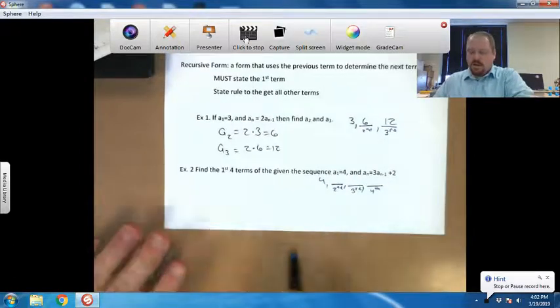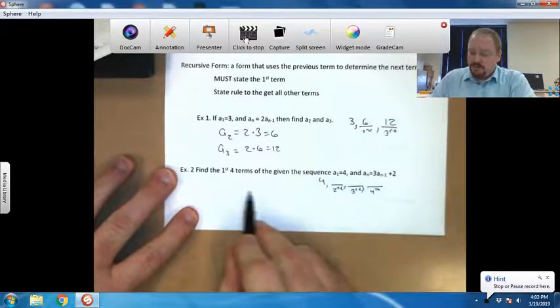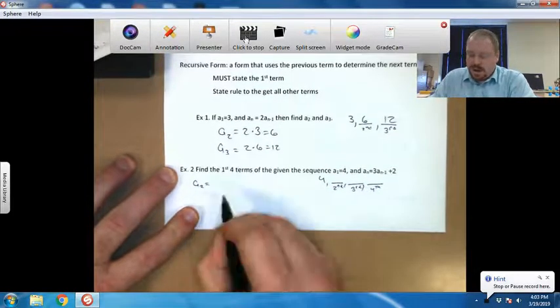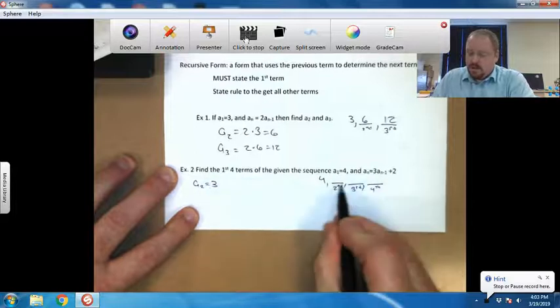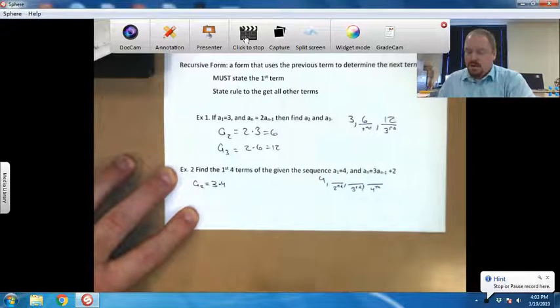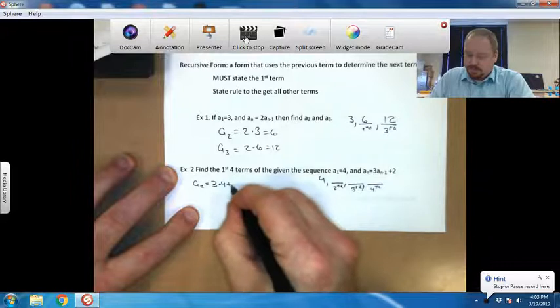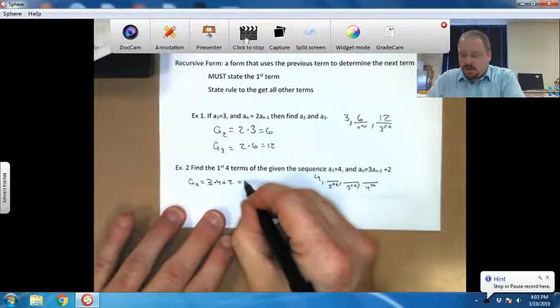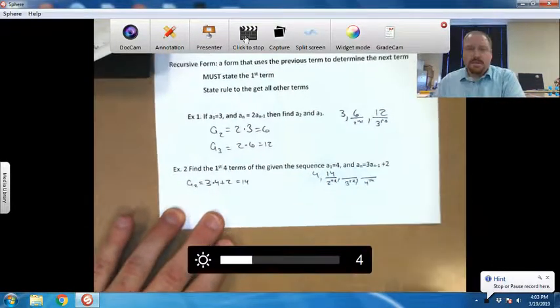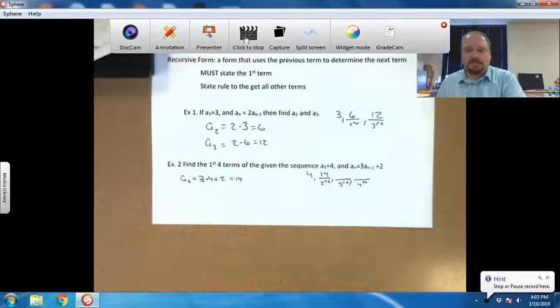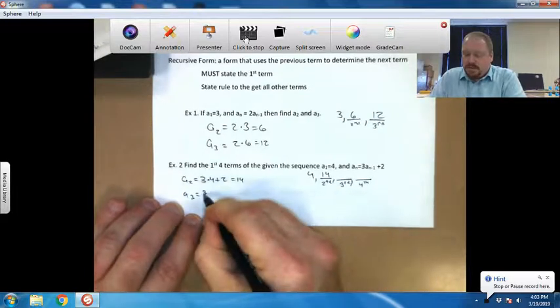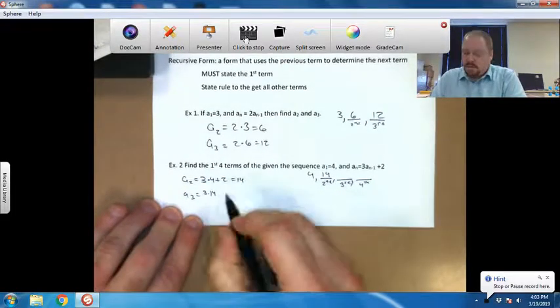Okay, so the first number is 4. To get the next term, I need to do 3 times the number to the left plus 2. Well, 3 times 4 is 12, plus 2 is 14. So that's my second term. To get my third term, I'm going to do 3 times 14 plus 2.